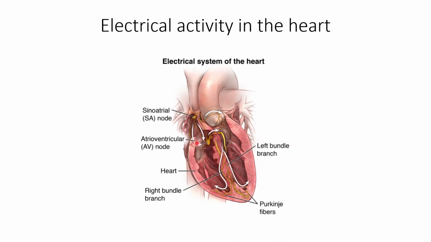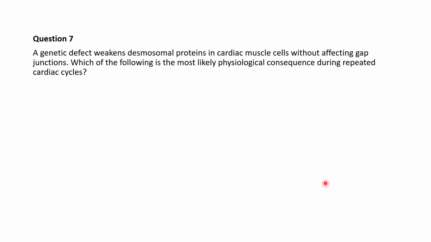This slight delay between the SA and AV node is important, which allows for the proper regulation of first atrial systole and then ventricular systole, or contraction, basically. Right. So now with that recap, hopefully whatever you remember about heart stuff is coming back to you. Let's look at this question.